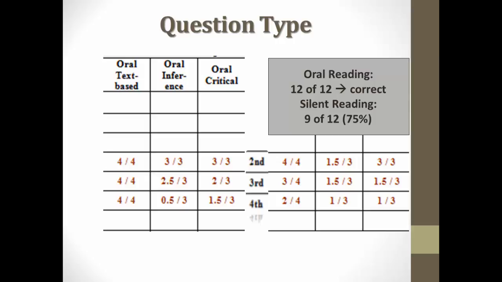Now, for silent, we had 9 of 12. So here with oral, even frustration, 9 of 12, folks, that's 75%. That's pretty good. When you consider all 3 passages, all 3 levels, including 6 passages, very strong text-based.